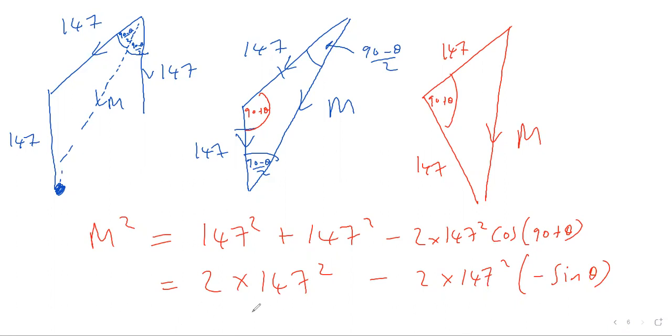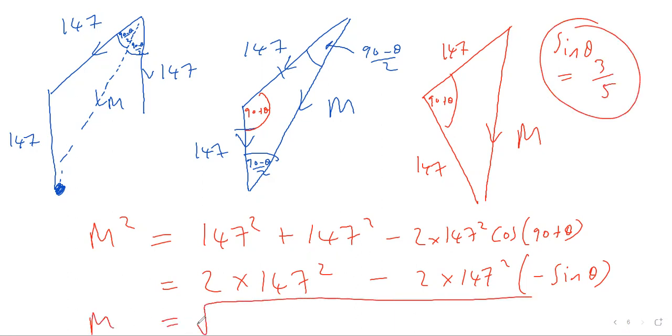Right, so then we know sine theta in the question was equal to 3/5. So then you can just plug this all in. You're going to get m is the square root of all of this. So 2 times 147 squared, take away 2 times 147 squared.